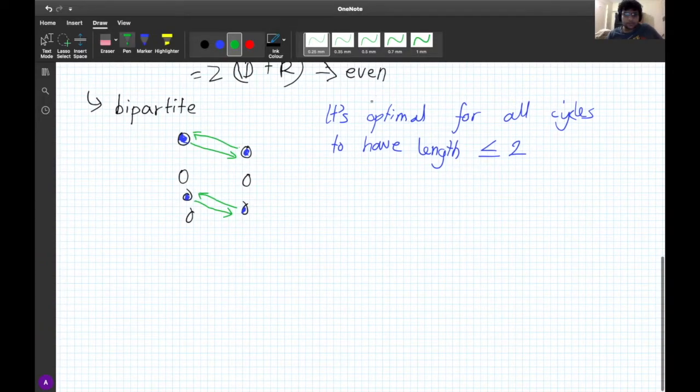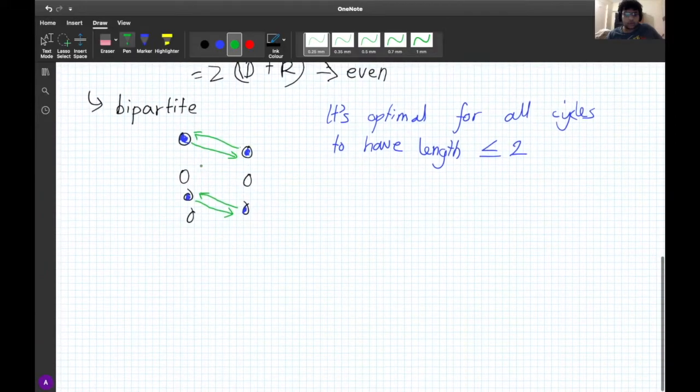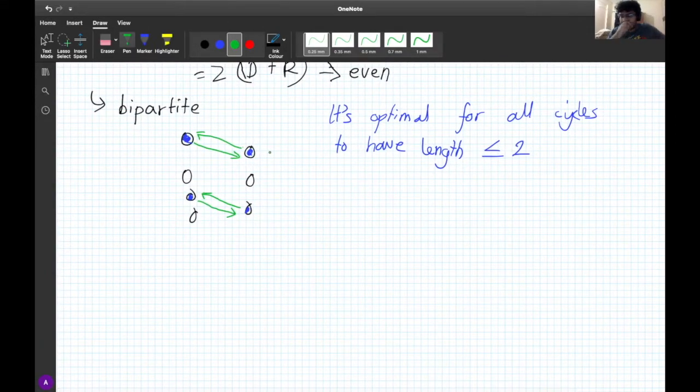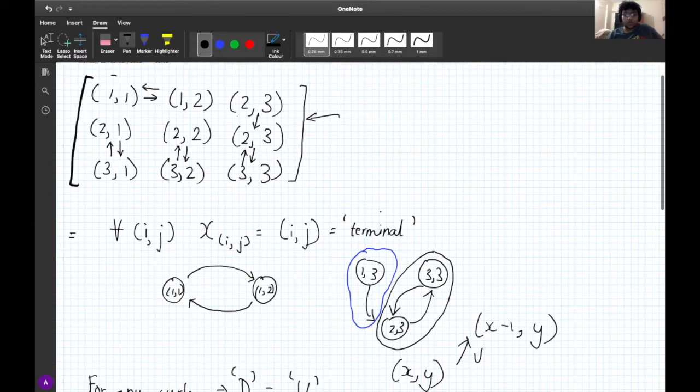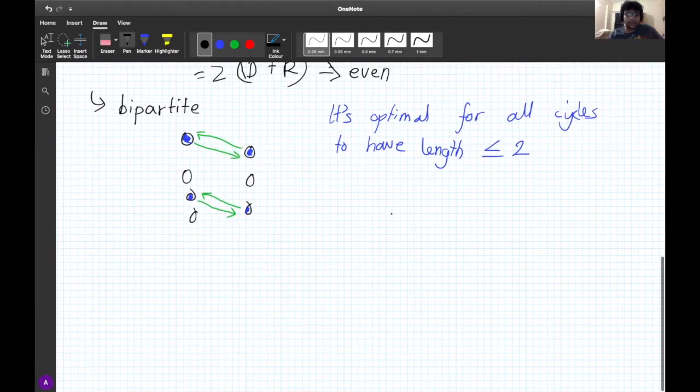Yeah, so now that we've shown that there's always a way to do it in a bipartite, like a length-two cycle way, this gives us an interesting way to solve for the directions of all of the terminal nodes very easily.